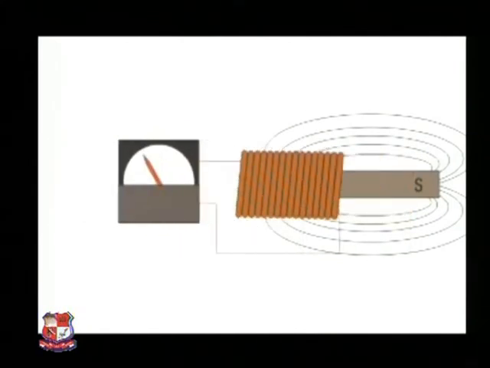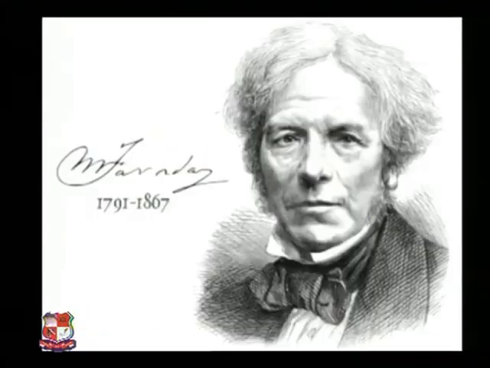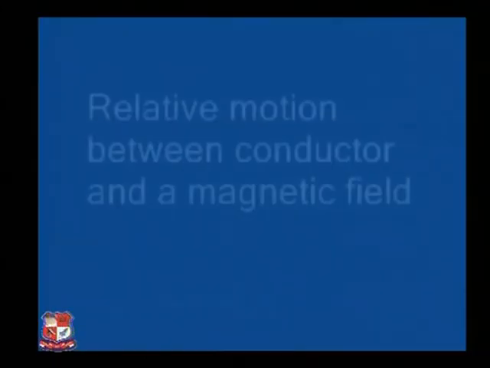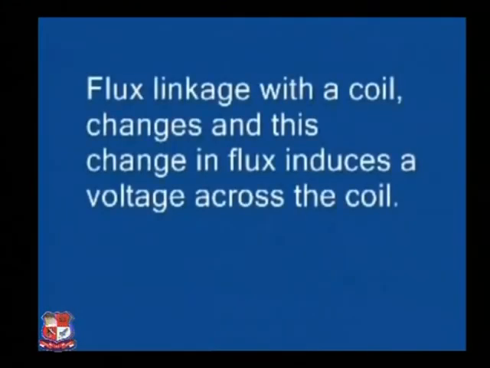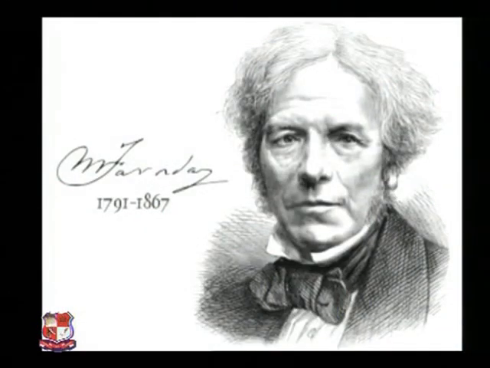From this experiment, Faraday concluded that whenever there is relative motion between a conductor and a magnetic field, the flux linkage with a coil changes, and this change in flux induces a voltage across the coil. Michael Faraday formulated two laws on the basis of the above.